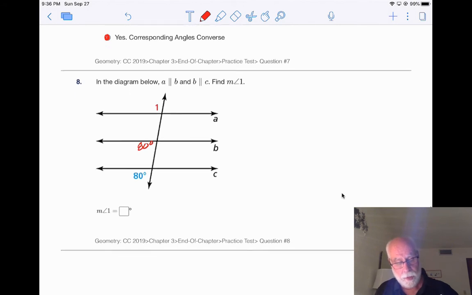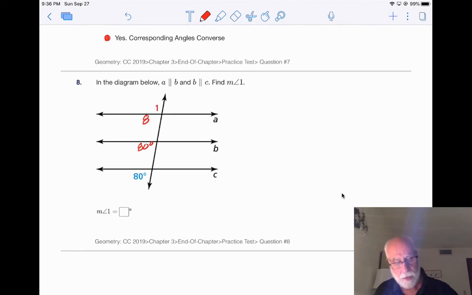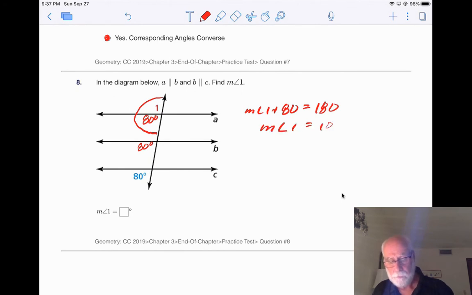We also know then that this one here is also 80 degrees because they are corresponding angles. Now, remember, this makes this a linear pair or a straight angle. So we would know that the measure of angle 1 plus 80 degrees is equal to 180. Subtract 80, we know that the measure of angle 1 is equal to 100. So we would have 100 degrees there.